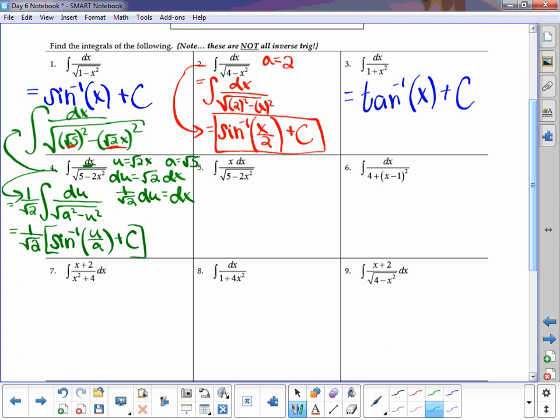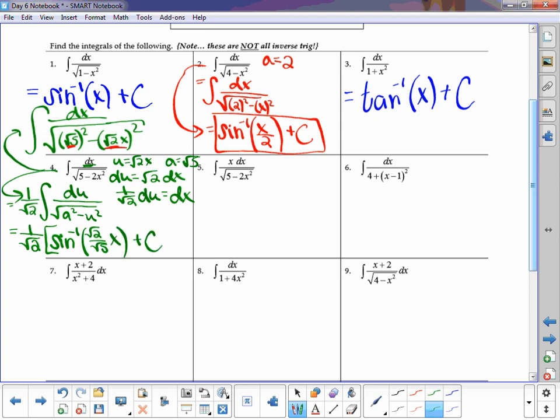Now we've got to take our u and a and put it back in. Before we do that, questions on our antiderivative? Okay, so let's put everything back in. For lack of space, I'm going to go back here. So u over a is root 2 over root 5 times x.